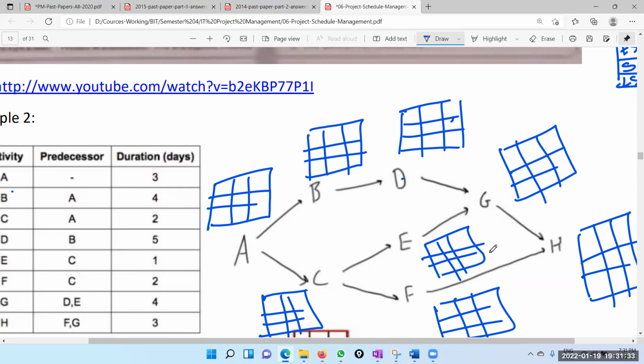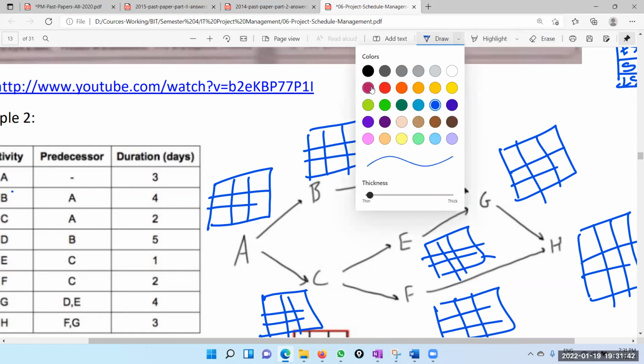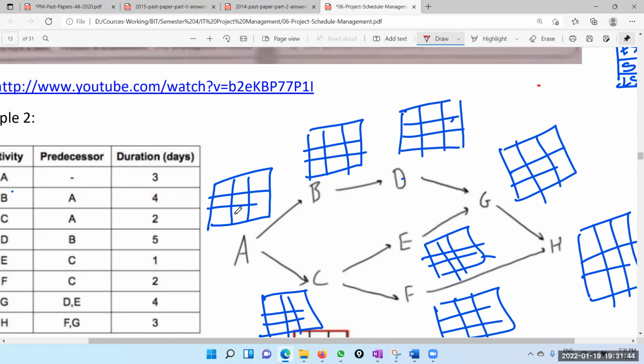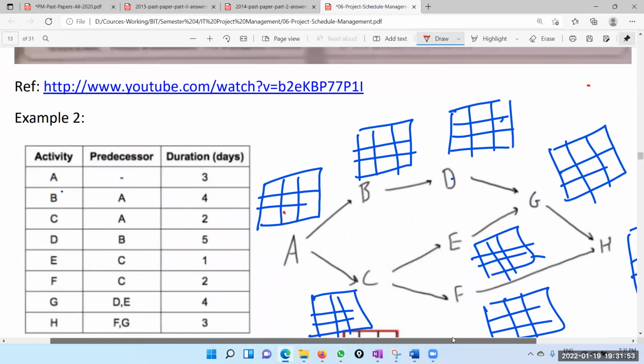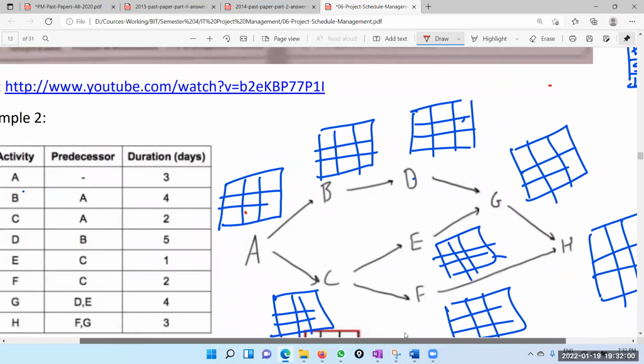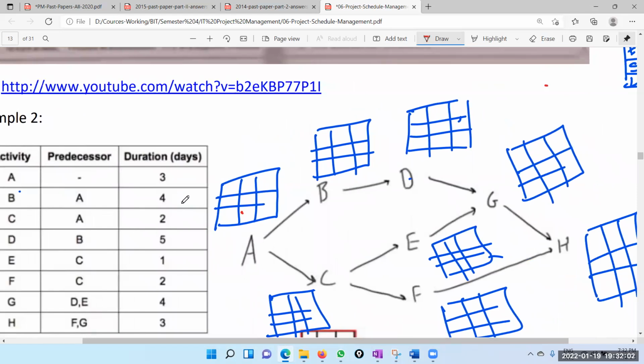And they have given the durations. So the A duration is 3. I can't remember exactly where I am supposed to write the duration. Okay, so let's say duration is here. It doesn't matter, right? So the duration is 3.